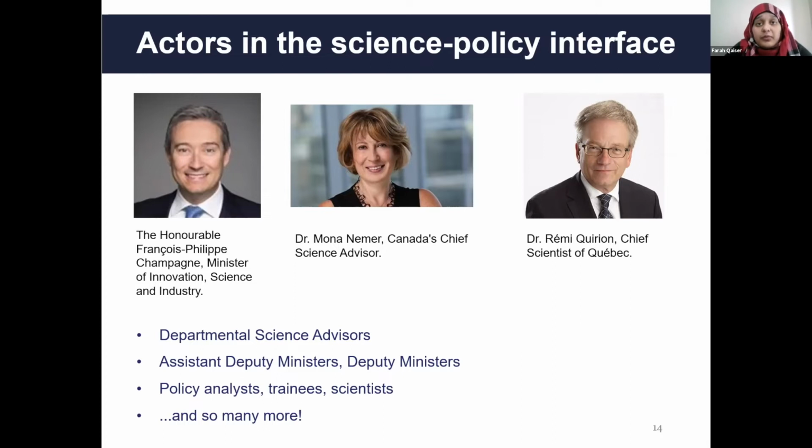These are people who might be serving as either honest brokers or science arbiters, who are using science as one of their inputs into the decision-making process. And just as importantly, there are trainees, researchers, and scientists who might be advocating, who might be in these roles themselves, or who might just be speaking up about an issue from the outside, and so many more.